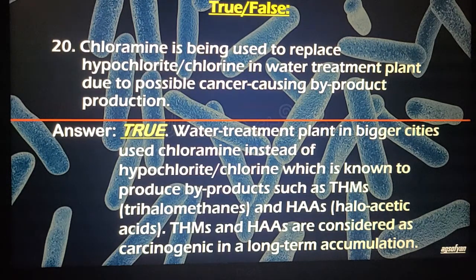So they use chloramine to disinfect the water. So the reason is because chlorine or hypochlorite produce byproducts such as trihalomethanes, THMs, and haloacetic acid, or HAA. And these two byproducts are considered as carcinogenic in long-term accumulation. So for example, water treatment in Lexington, they actually use chloramine instead of chlorine or hypochlorite.